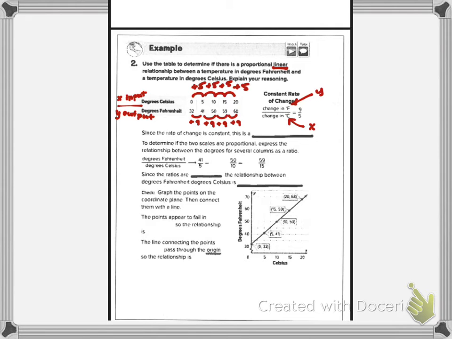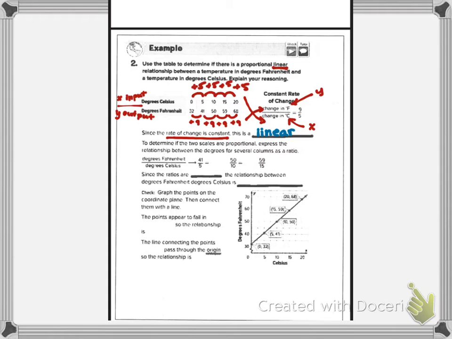So that is a constant rate of change of 9 over 5. Switching them around because it's the change in Y over change in X. So we have a constant rate of change of 9/5. Since the rate of change is constant, this is a linear relationship.